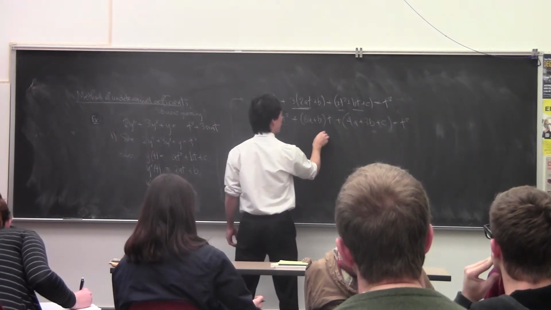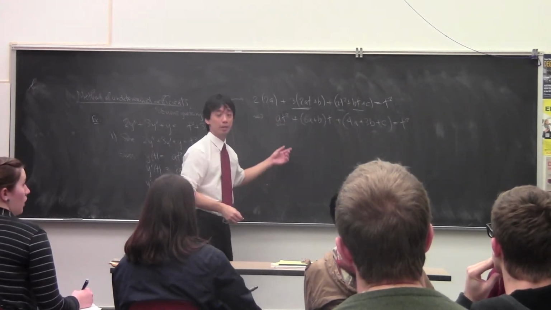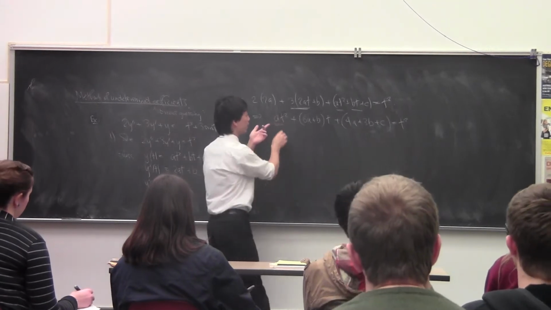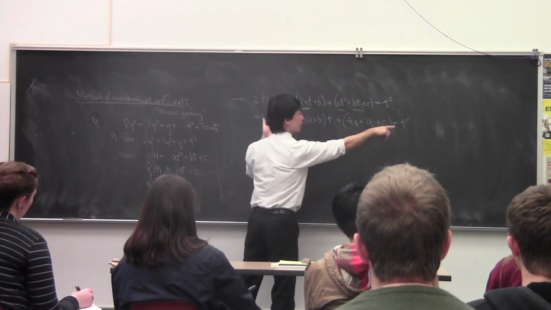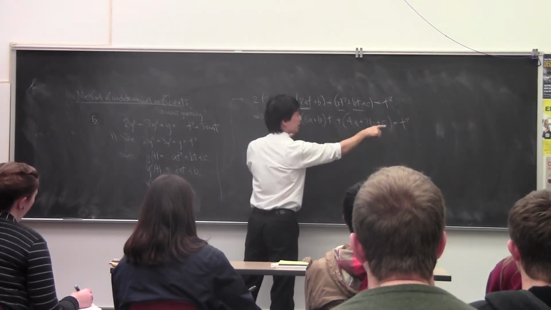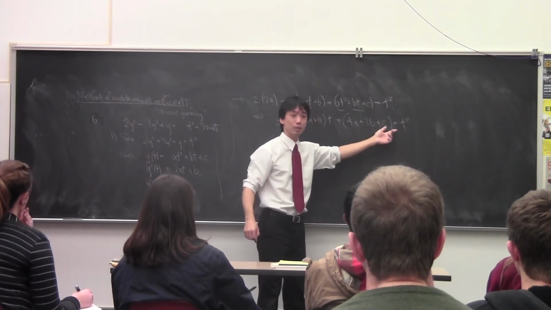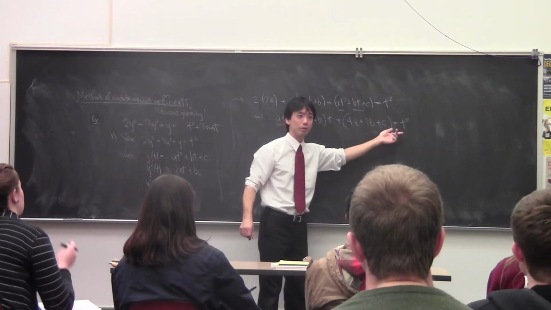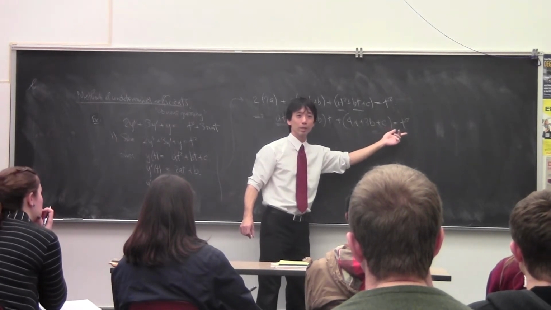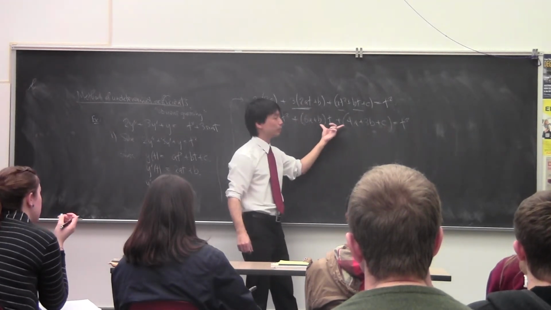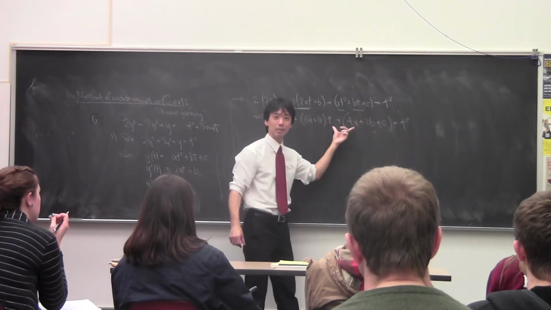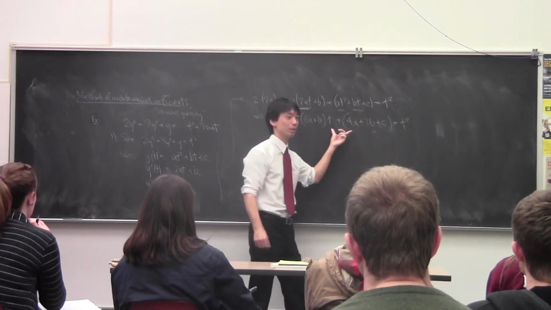Well, this quadratic is the same thing as this guy, right? And so by your knowledge of Taylor polynomials, if you've got two polynomials and they're exactly the same, then the coefficients must be the same, right?